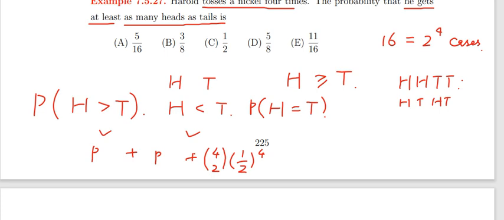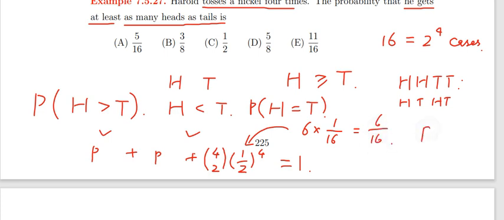So this equals 6. So we can find p, and the answer is p plus this number. What is this number? It is 6 times 1 over 16, or we just say 6 over 16.